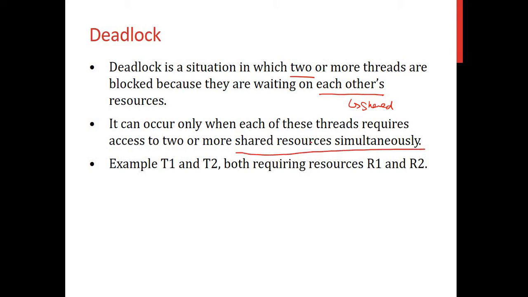In the example that you're going to see, we have two tasks, T1 and T2, and both of them require two resources, R1 and R2, simultaneously in order to function. Let's look at this situation.